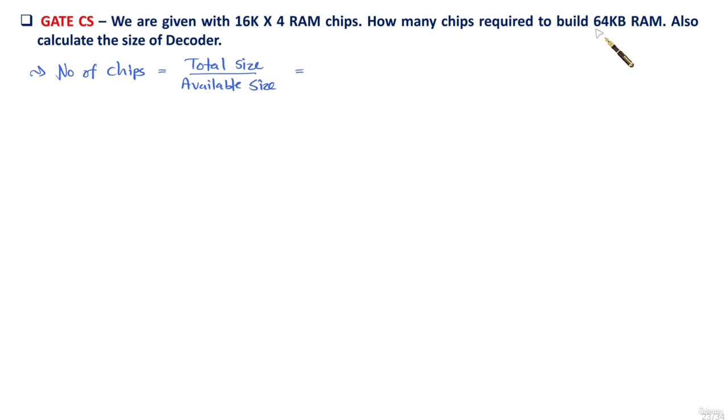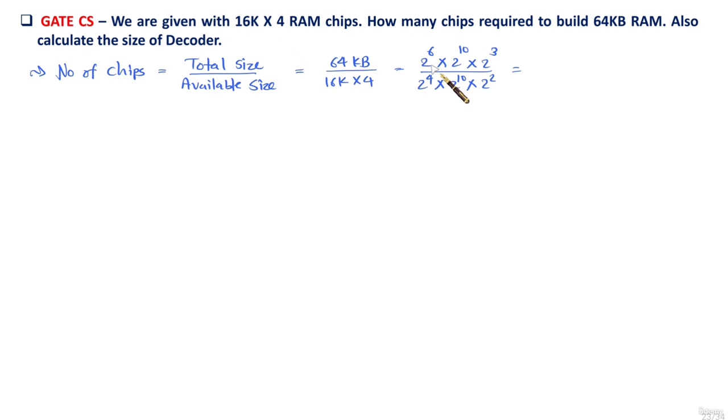Total size is 64 KB and available size is 16K cross 4. So here if you observe, 64 means 2 to the power 6, K means 2 to the power 10, B means 2 to the power 3, divided by 16 means 2 to the power 4, K means 2 to the power 10, cross 4 means 2 to the power 2.